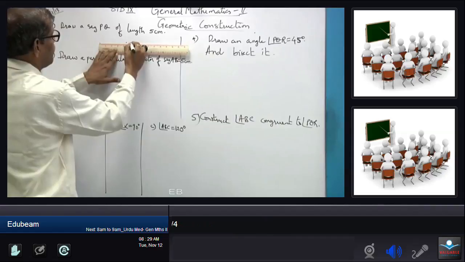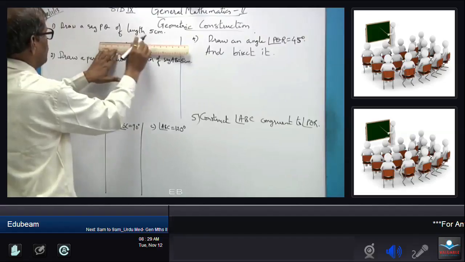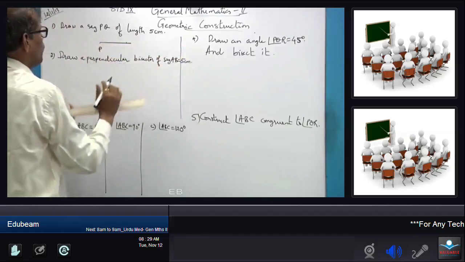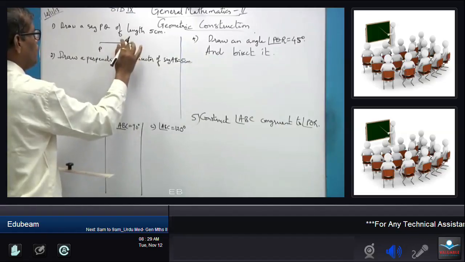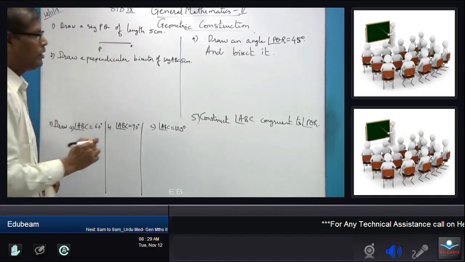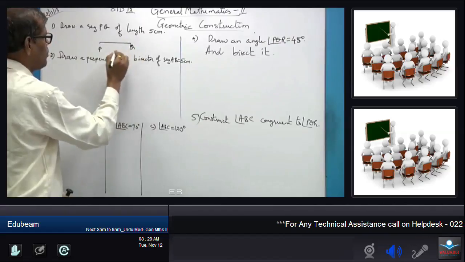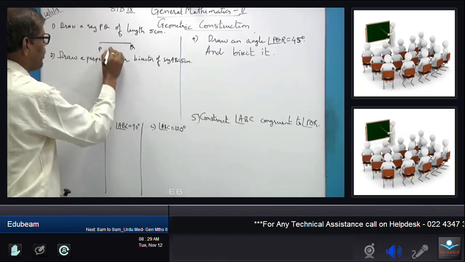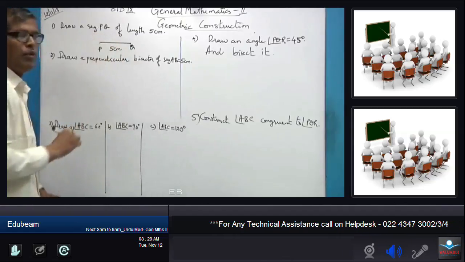You are going to keep this on P, more than half of this PQ, you take it on top, and the same measurement, you are going to put it from this P downward.